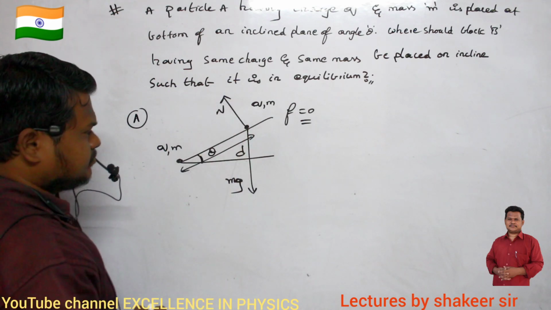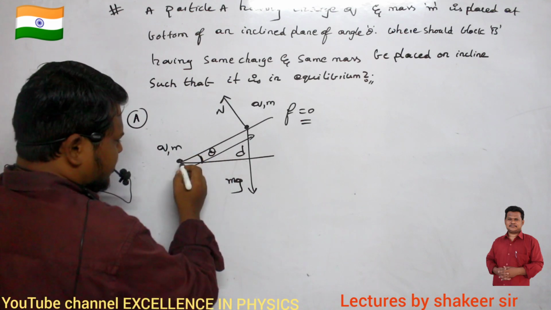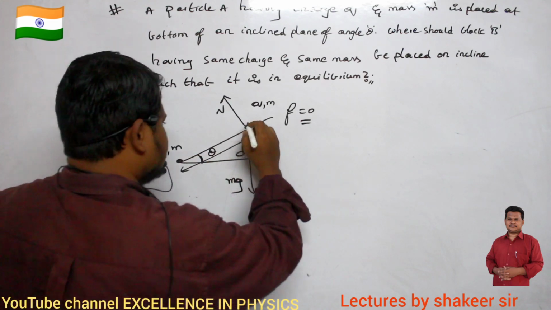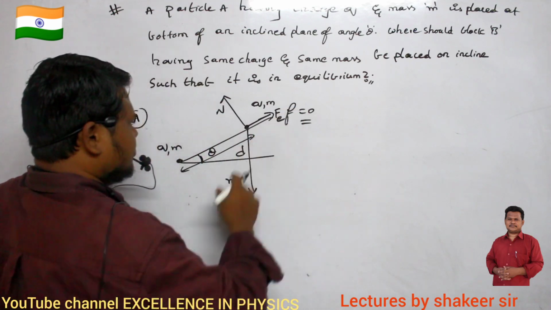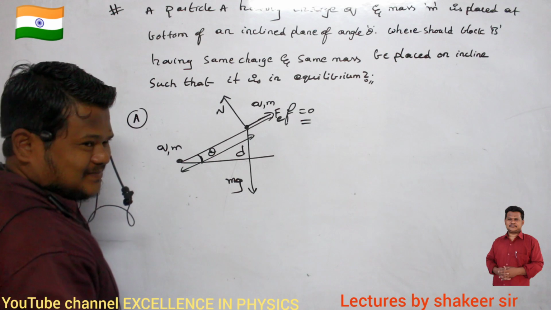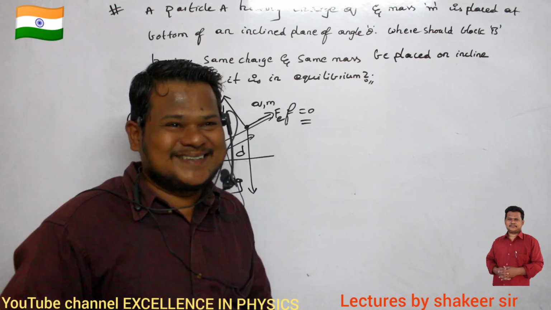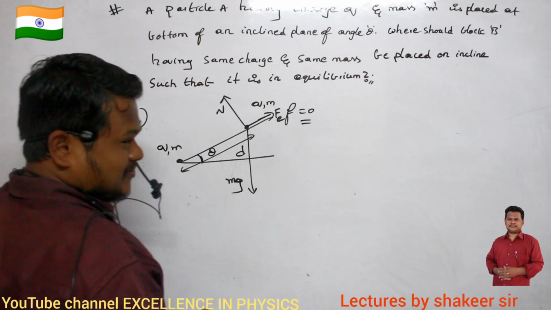Still, there is a force of repulsion. Between this charge and this charge, there will be some electrostatic force of repulsion also, Fe. Are any other forces acting? Okay. No other forces are acting.